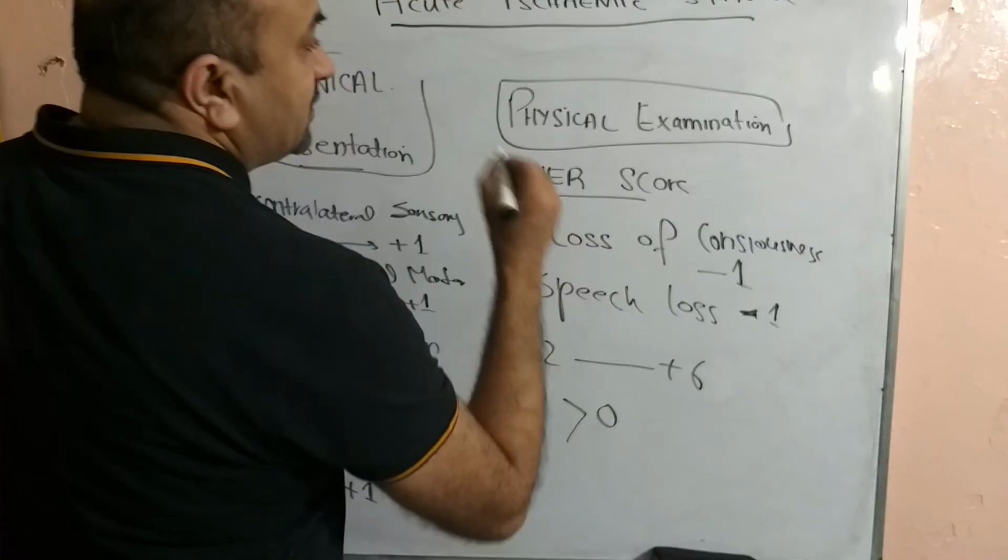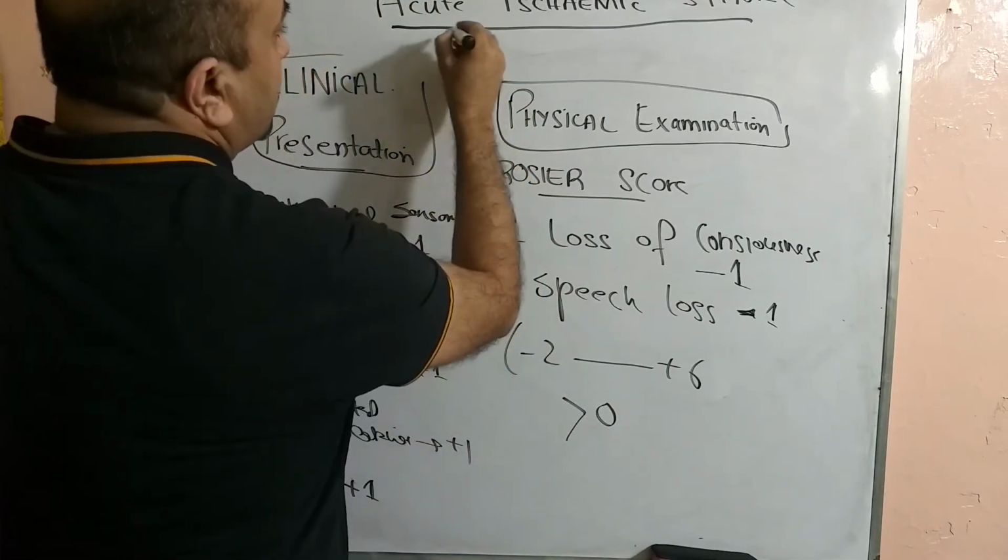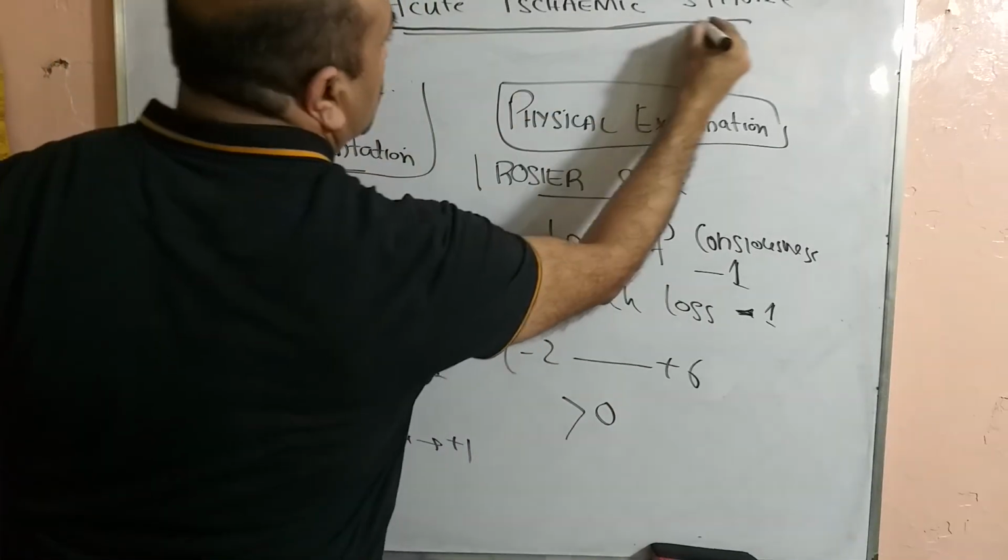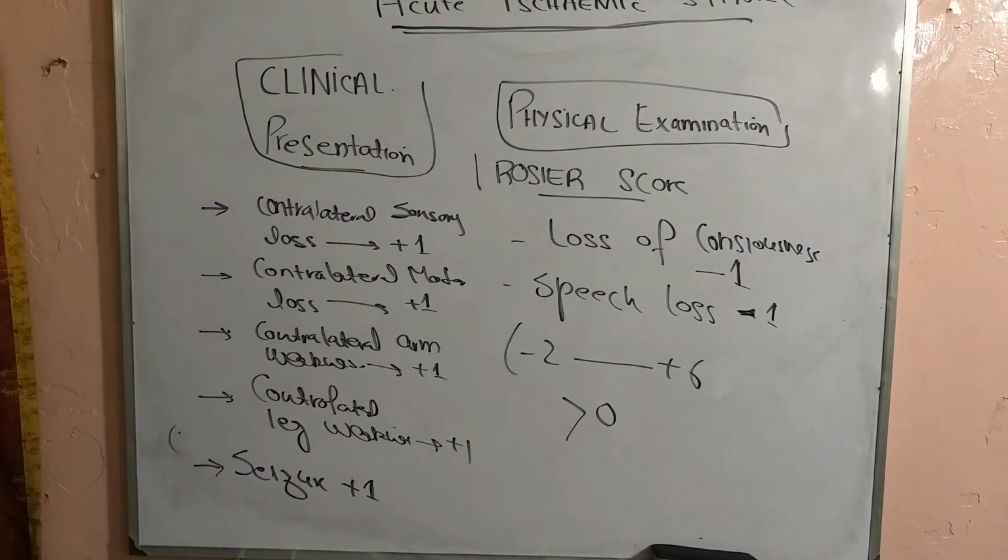we call that there is a strong suspicion of the presence of acute ischemic stroke. So Rosier score is a way for the emergency doctor to know the presence of acute ischemic stroke in any patient. If the score is more than 0, then it will be a strong suspicion of acute ischemic stroke.